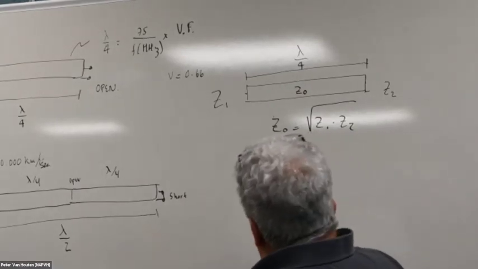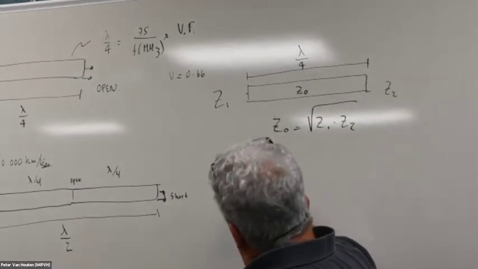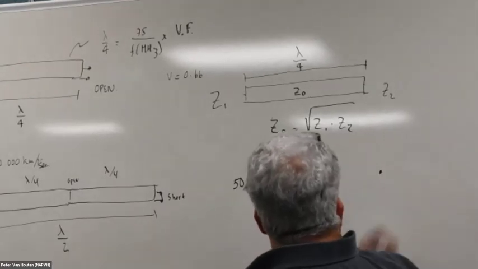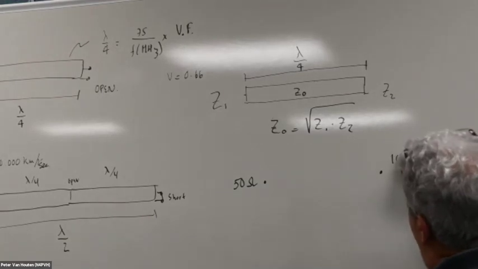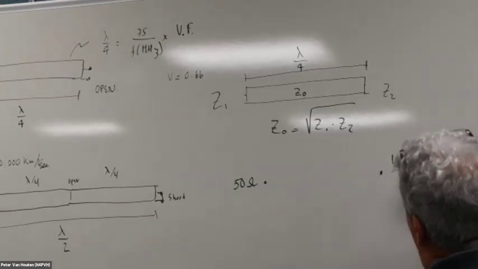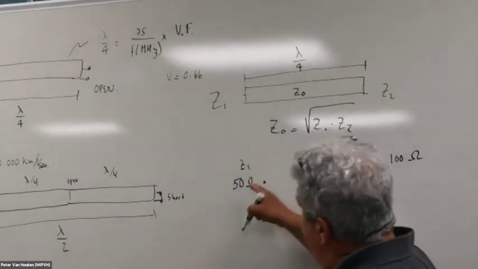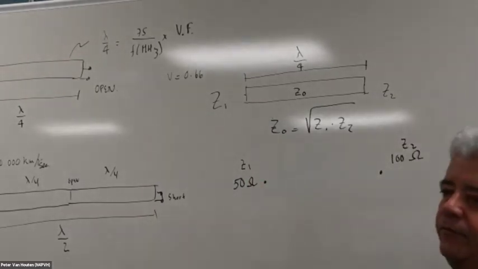For example, let's say that I have my radio at 50 ohms on this side, but I have an antenna here that is bringing it up to this point 100 ohms, okay? So I got that Z1 is 50 ohms and Z2 is 100 ohms.